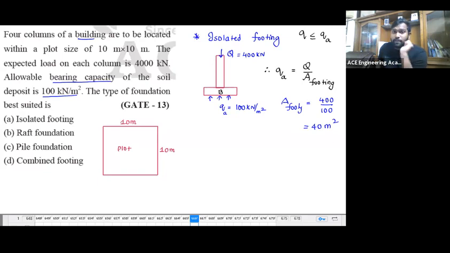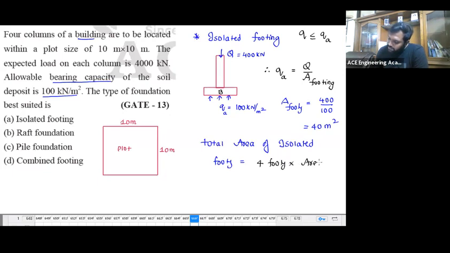So for one column I get 40 meters square of footing area. What is the total area of isolated footings then? 4 footings into 40, 160 meters square.